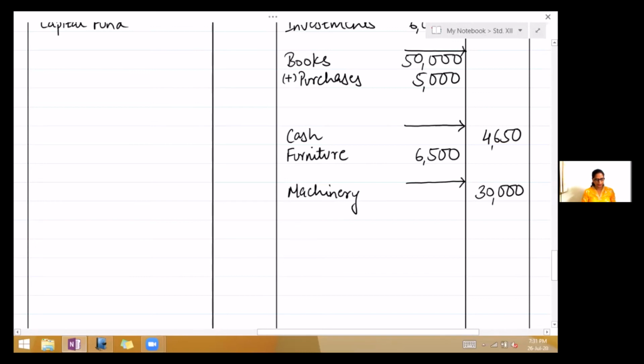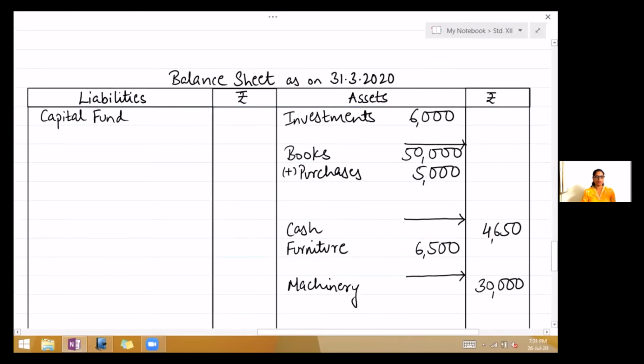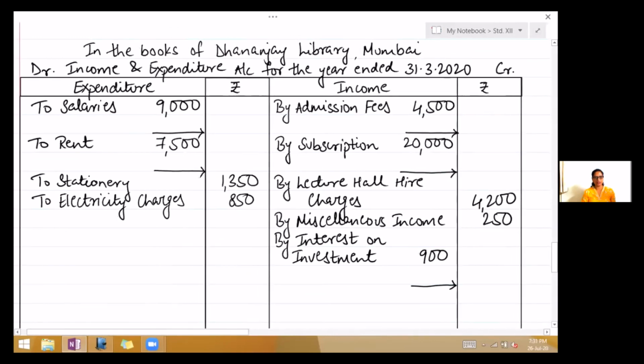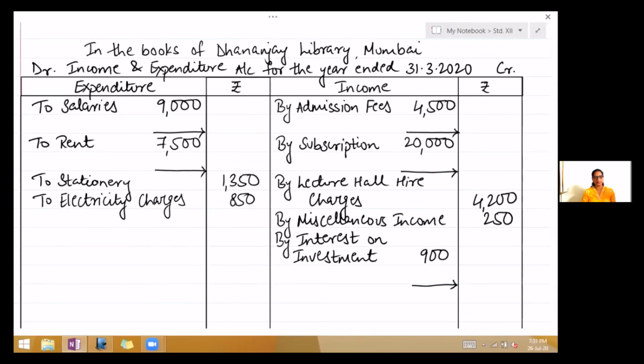Second adjustment, subscription received in advance amounted to rupees 500. So subscription on the income side. Now this is received in advance. So you will deduct from subscription. So write less pre-received 500.